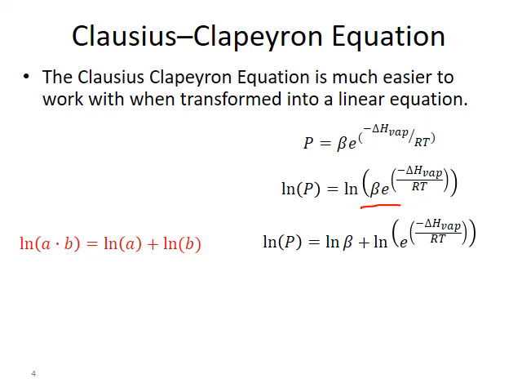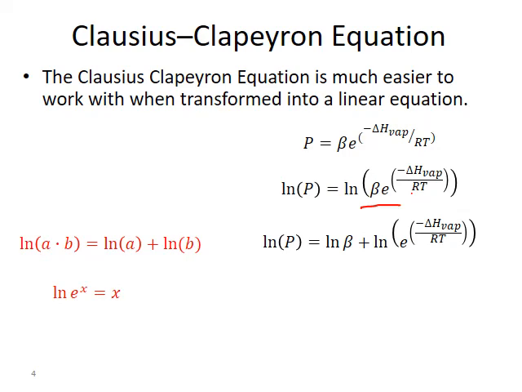The natural log of vapor pressure equals the natural log of the constant beta plus the natural log of the base E raised to the power of the negative of the enthalpy of vaporization divided by R divided by T. The second expression that we need to remember is that the natural logarithm of E raised to any exponent x is simply x.